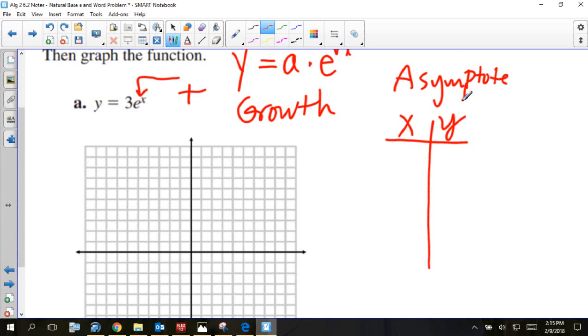Stuart, can you give me an ordered pair, any ordered pair that I'll put on my graph? 0, 3. 0, 3, excellent. It's an easy one. Natalie, can you give me another ordered pair? Oh, they're all decimals.